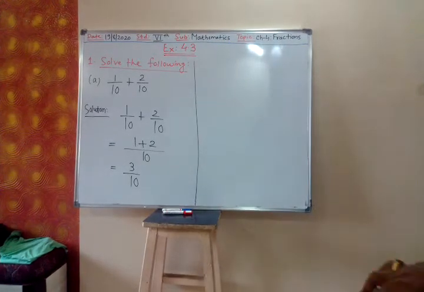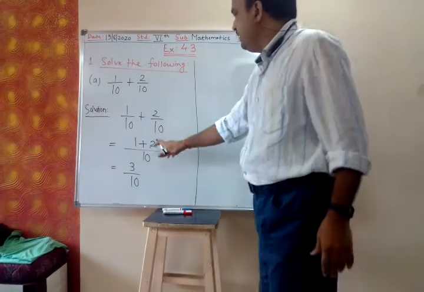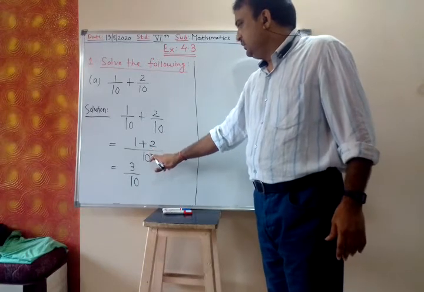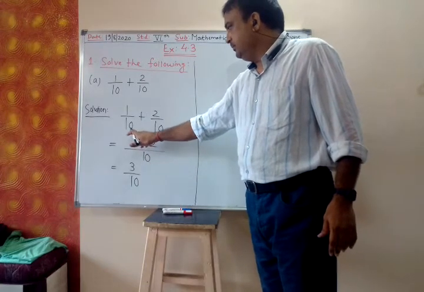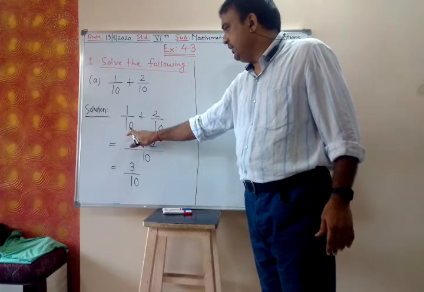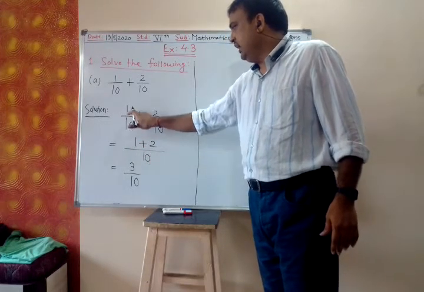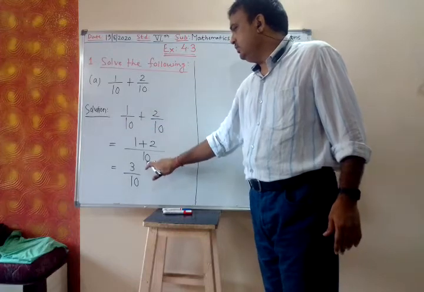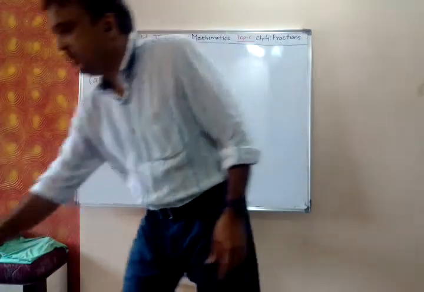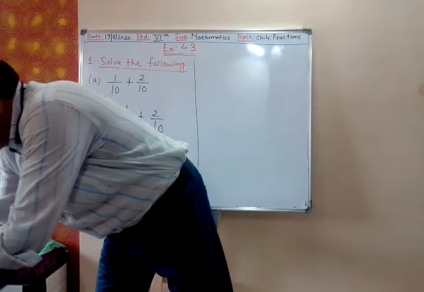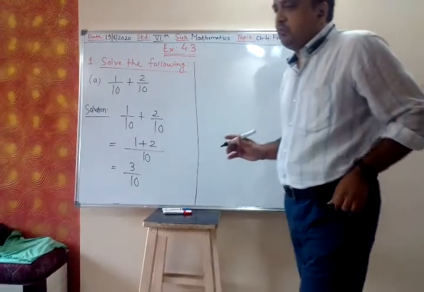The denominator is 10, 10. They are like fractions. I can take the common denominator 10, then I will add the numerators. 1 plus 2 is 3. So the answer is 3 upon 10.